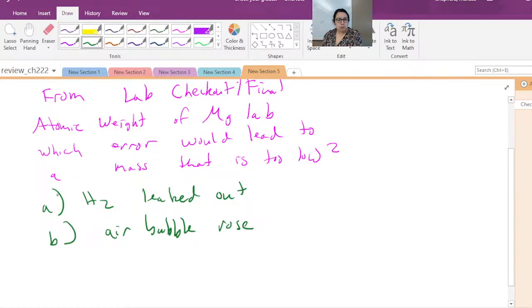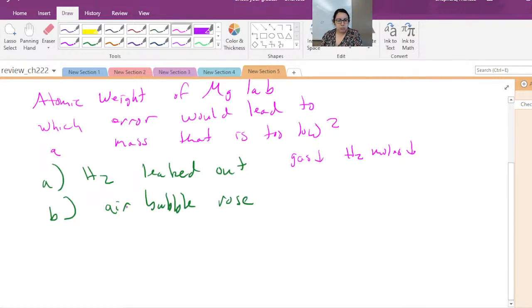So if H2 leaked out, most people recognized that our gas is lower, so our H2 moles is lower. Versus this one, our air bubble rose, that means we have too much gas in our tube, so H2 moles is higher.